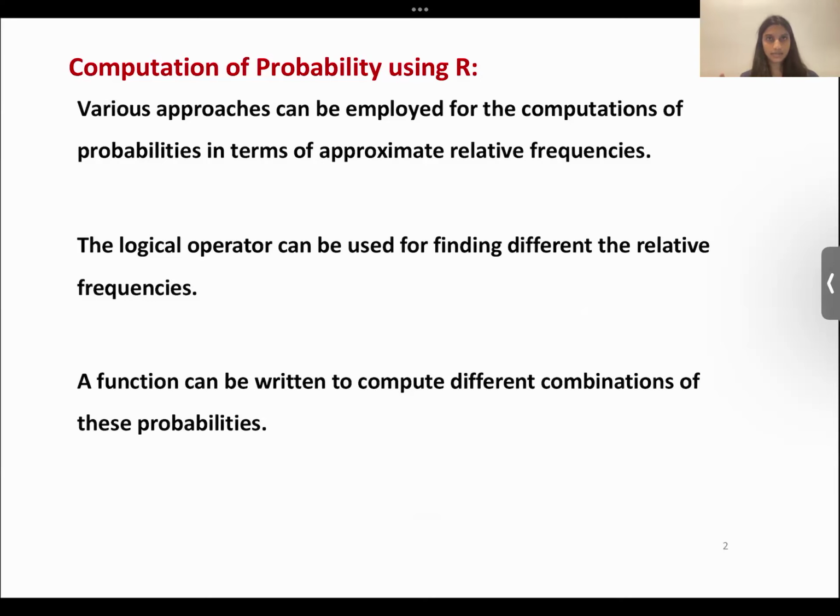To find A intersection B, you use the logical operator and, and to find the probability of A union B, you use the logical operator or, which is the pipe symbol. That's one way to compute the probability. Also, a function can be written to compute different combinations of the probabilities. Let's see some examples.